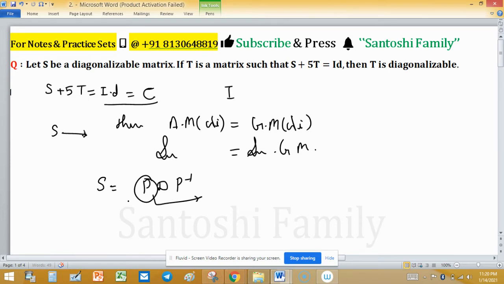It is not from statement P; it is a different notation for a matrix. P is any non-singular matrix, such that there exists a non-singular matrix P such that S can be written as PDP inverse, and D is a diagonal matrix.